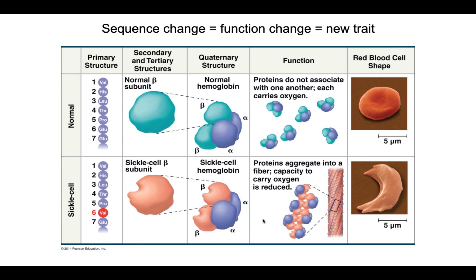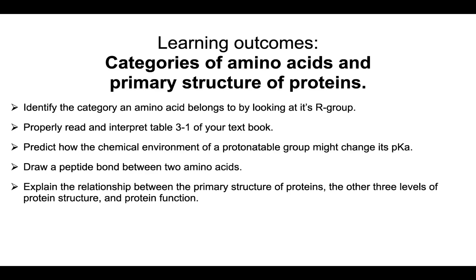That idea will become increasingly important as you start reading Making of the Fittest, as you start reading the journal article. All right, so again, review this lecture and make sure that you can identify the category of an amino acid based on that amino acid's R group.